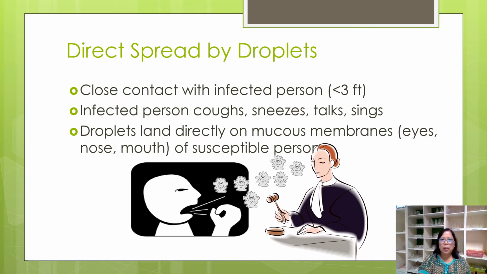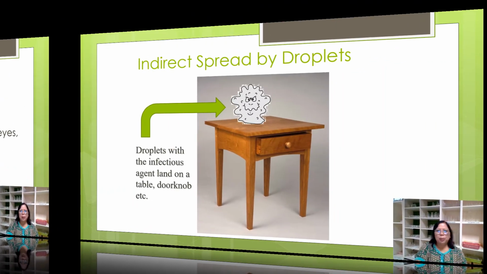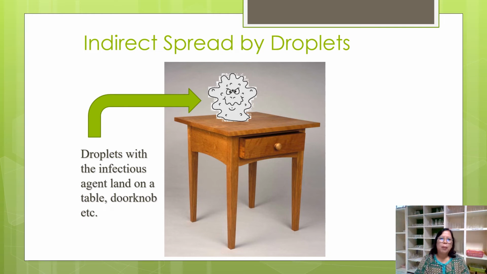Close contact with infected persons who cough or sneeze. Droplet lands directly on mucous membrane of the susceptible individual. So, droplets with infection agent could land on the table, could land also on the armchair that you will be using, or could also land at the back of the chair in front of you.